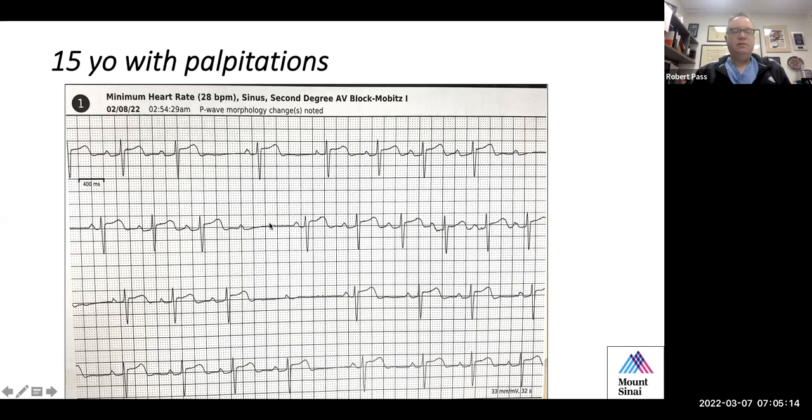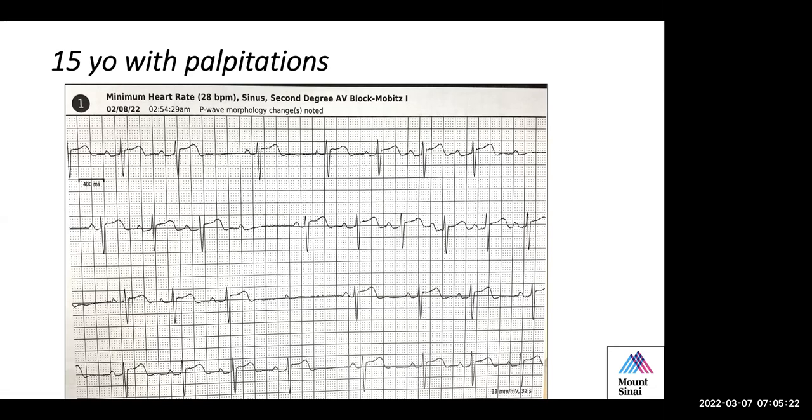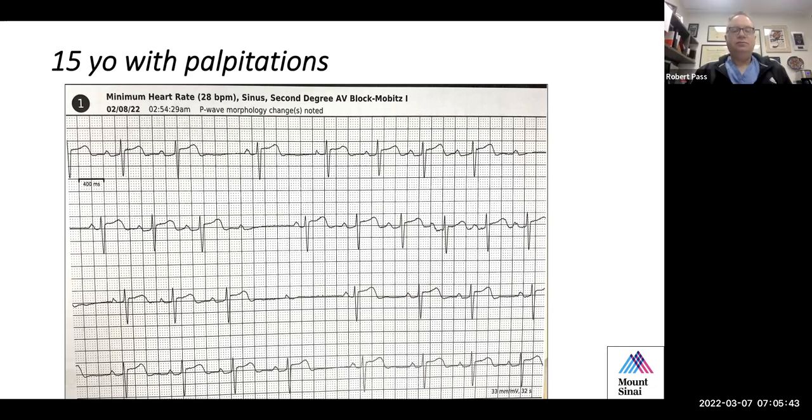All right, what do you make of this series here? So that one also we can see again the PR interval progressively gets longer, and then you have a dropped beat. So I think yes, I'll agree with the second degree AV block. Which type? Mobitz I. Yes.